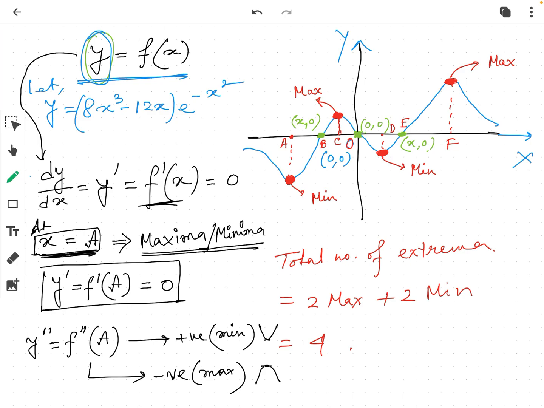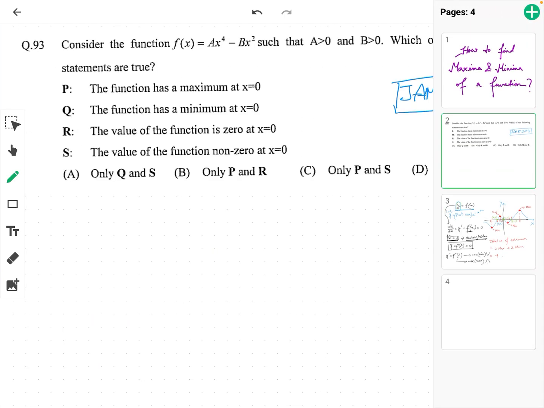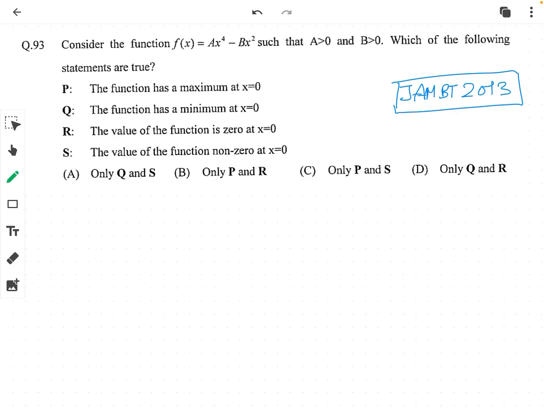All right, now to understand it clearly, let us solve the question which came in JAM BT 2013. I already solved this in a previous video, but let us just solve it again. So first of all, here is the given function. Let us read the question.